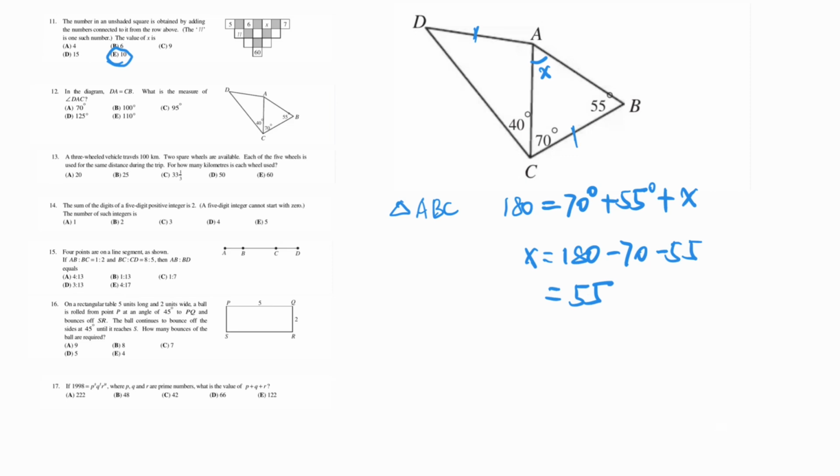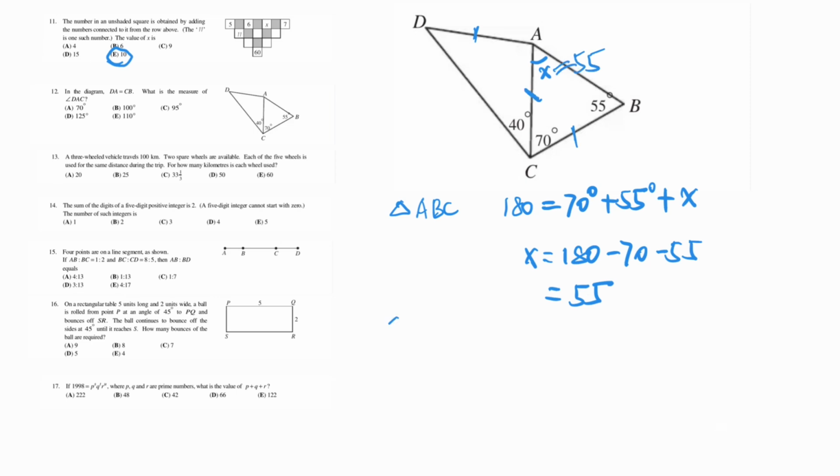This is an isosceles triangle because x is 55 and angle B is also 55. So triangle ABC is an isosceles triangle. AC equals BC. We already labeled AD equal to BC. Now AD equals AC too, because all three sides AD, AC, BC are equal.